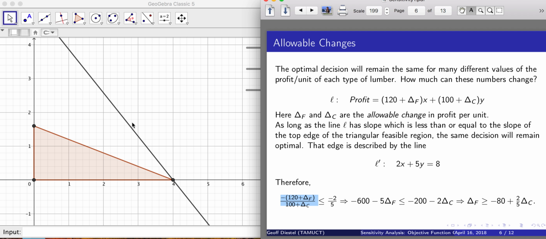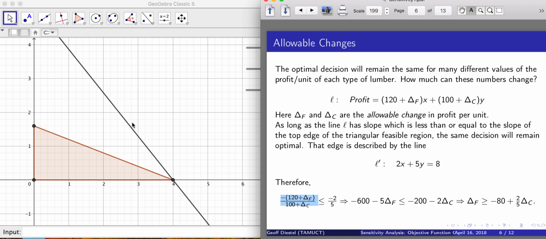So in this case, we only have one inequality. In general problems, you'll have two inequalities for a two-variable problem. And when we get to multivariable problems with three or more variables, this gets a little more complicated, and you can actually write a program to determine inequalities based on what you do with the simplex method.